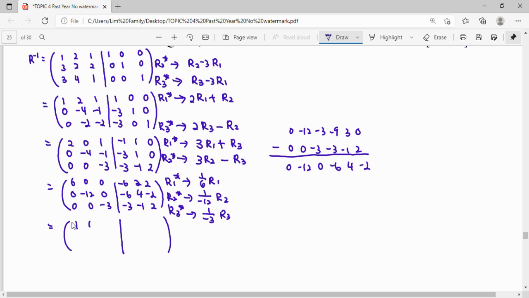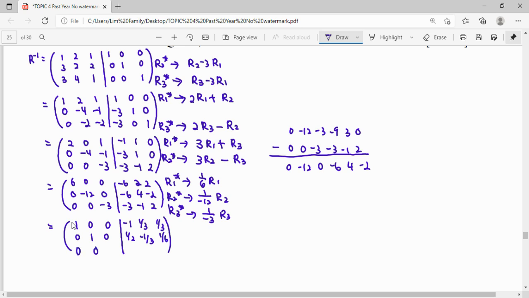So you will get divide by 6: 1, 0, 0, negative 1, 1 over 3, 1 over 3. Divide by negative 12, 1, will become 1 over 2, negative 1 over 3, and then 1 over 6.